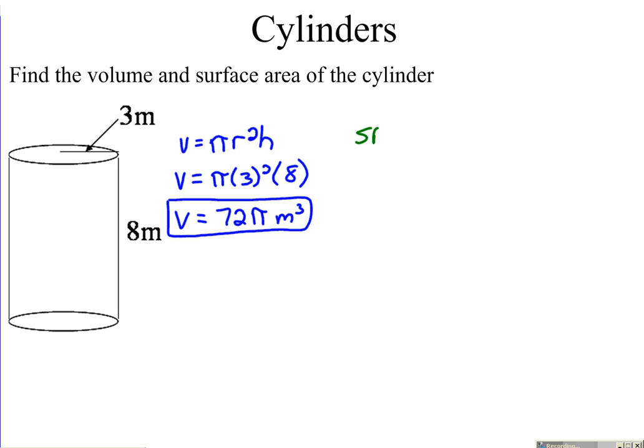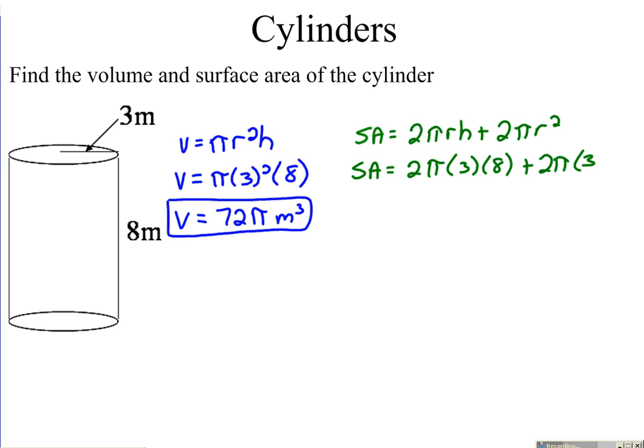Surface area. A little bit more complicated formula. 2 pi r h plus 2 pi r squared. Plug in what we know. Radius is 3. Height is 8. Radius is 3 again.